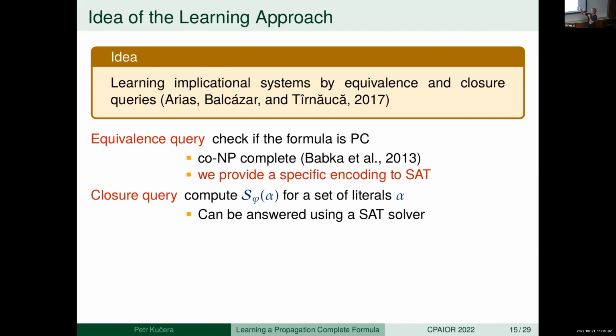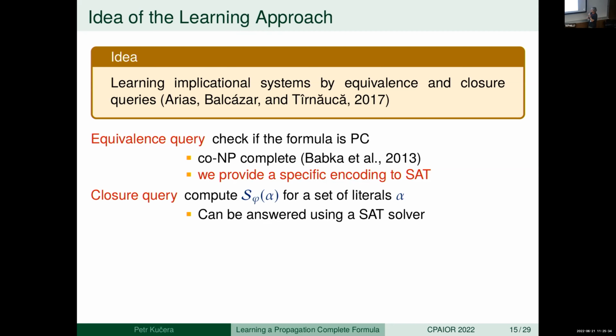This follows from an early result, but we provide a specific encoding. The original paper didn't include any encoding to SAT, but it just showed that it belongs to co-NP. So for us, more important than that it's hard, which is pretty obvious, is that it belongs to co-NP. So we can use a SAT solver to solve this task.